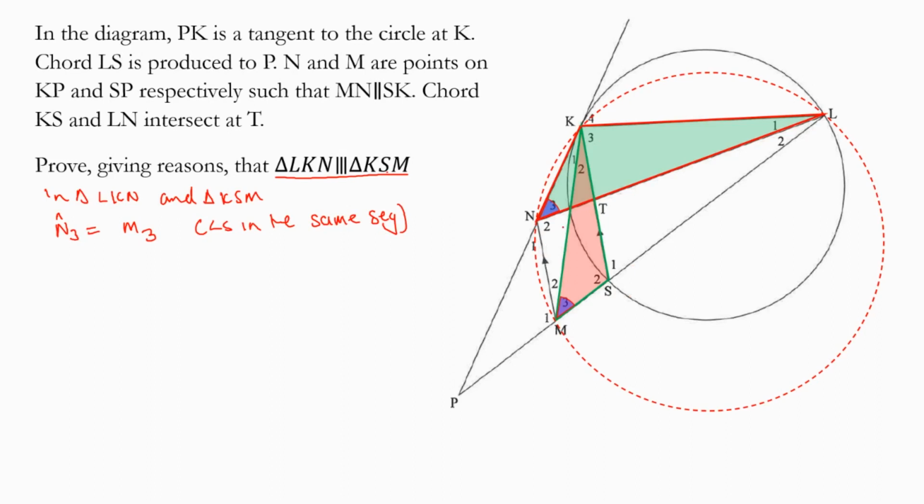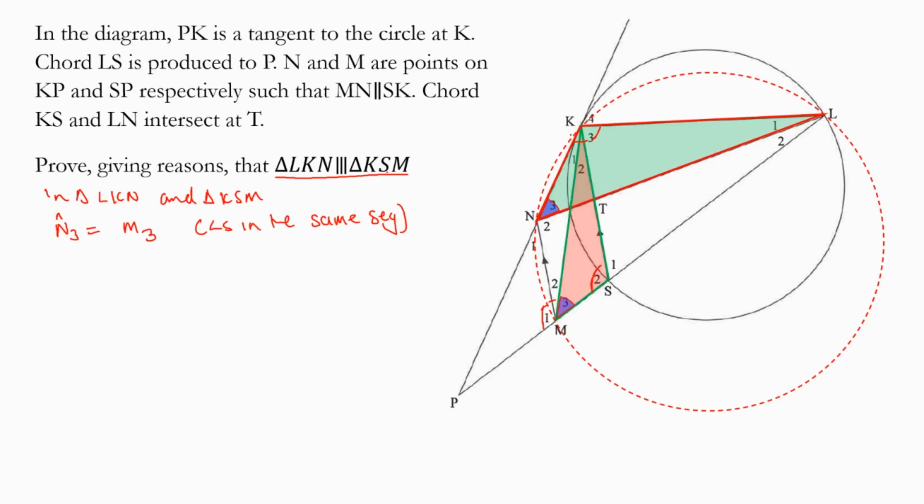So we have angle NKL and angle M1. They are equal because angle M1 is an exterior angle of a cyclic quad. But angle M1 is equal to angle S2 because these are corresponding angles, MN is parallel to SK. Let's write that.